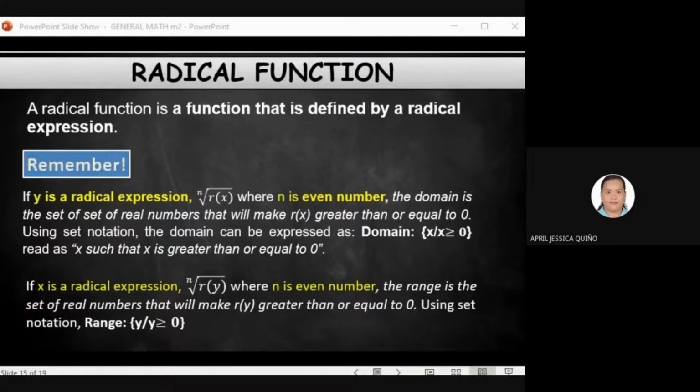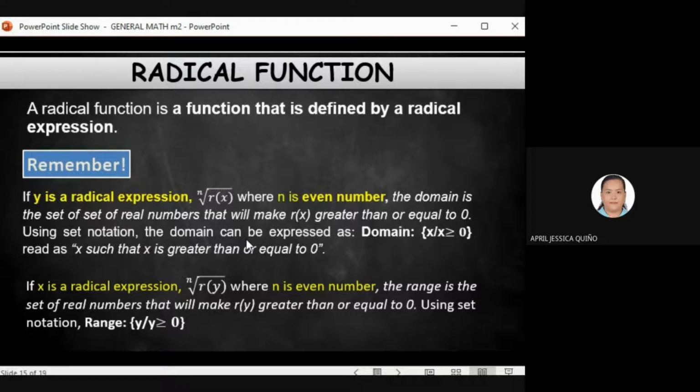How about if it's a radical function? Now, what is a radical function? A radical function is a function that is defined by a radical expression. If y is a radical expression, and your index is an even number, okay? So just like this, if n is an even number, you need to make sure that the value of the x or your y is greater than or equal to 0.